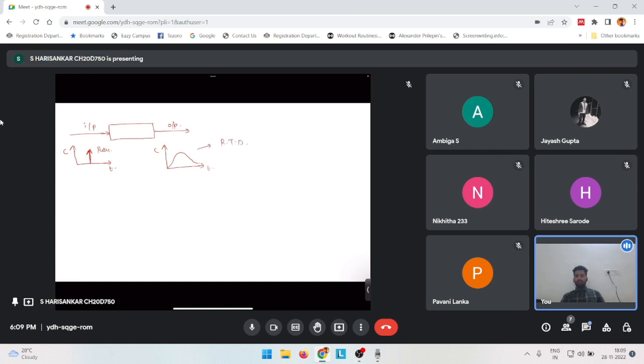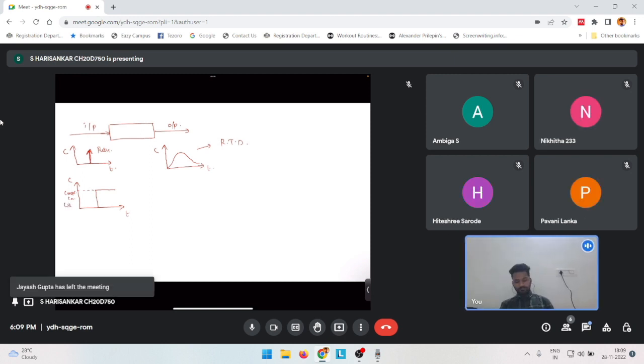Now, instead of a pulse input, if we put a step input, this is the input, with C max, or C step. If we have an input like this, the output will become something like this, where this will be the C0, or C max, or C step.